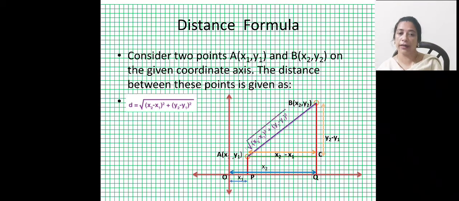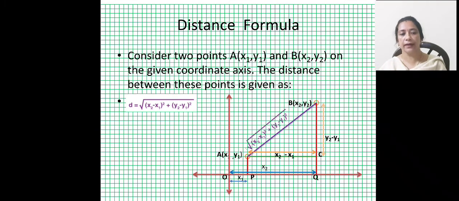Similarly, we have drawn AC perpendicular to BQ. From the figure itself, it becomes clear that OP is x1, OQ is x2 and PQ is x2 minus x1. Similarly, AC is also x2 minus x1. Again, BQ is y2, CQ is y1. It means that BC is y2 minus y1. It is a very simple thing, isn't it clear?